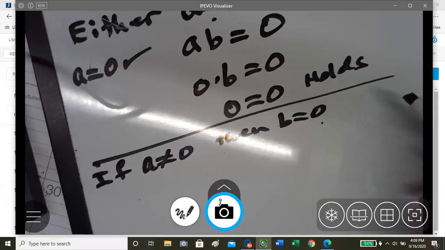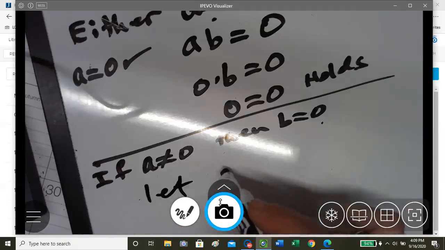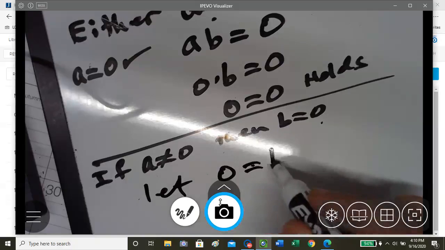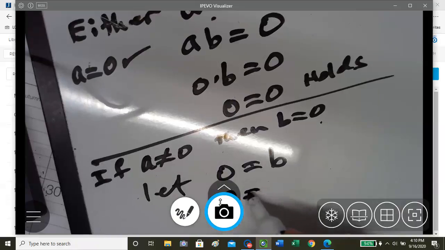So we're saying here that we want to let b equals 0. And we're saying that a does not equal 0, so we want an a, b in there.